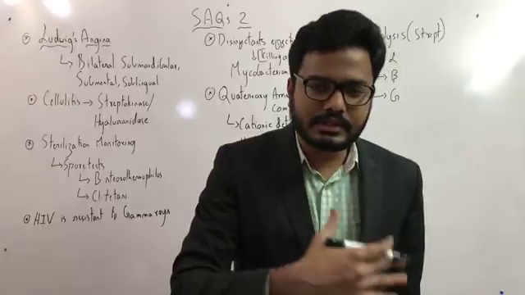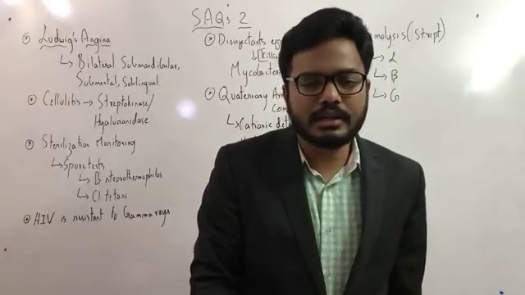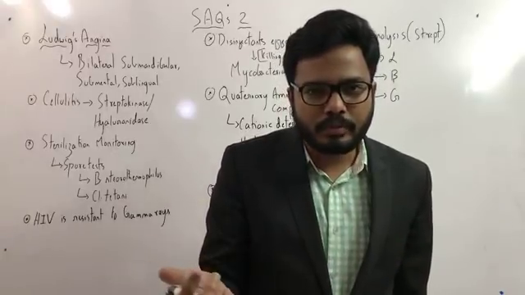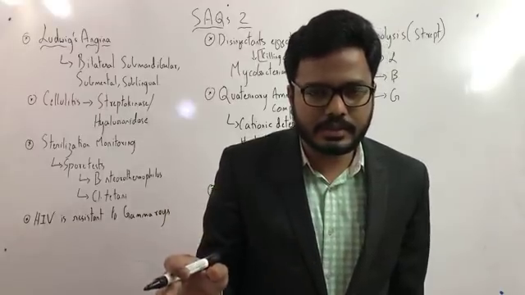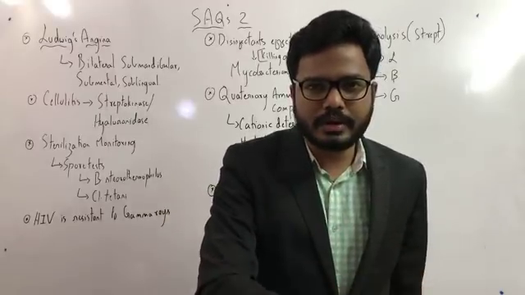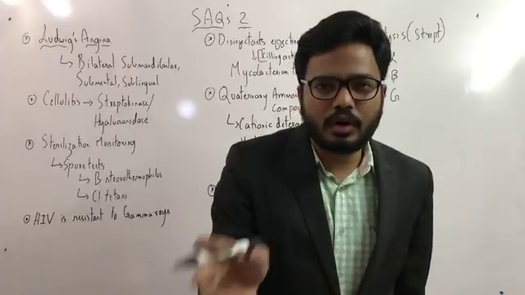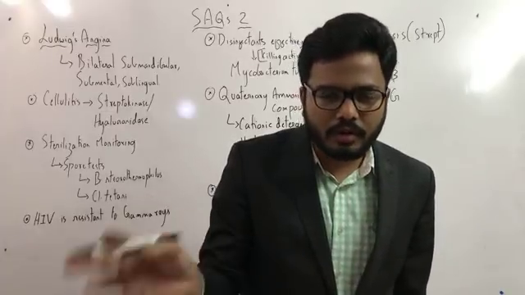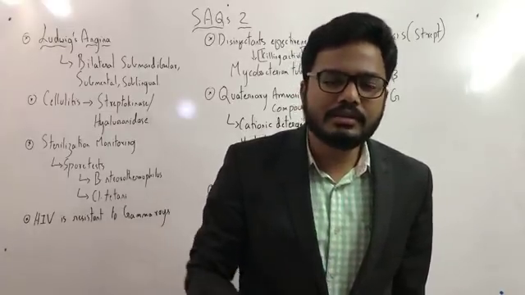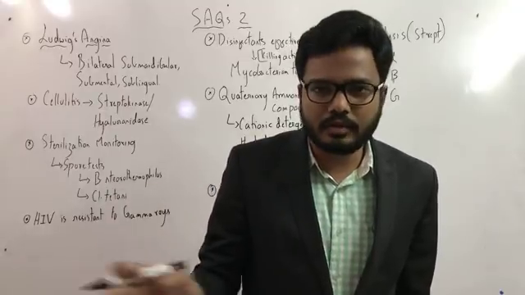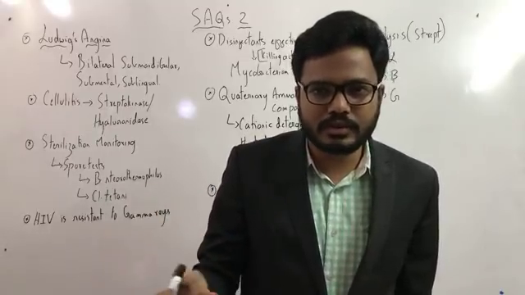As a result of this release of hydrogen peroxide, there is oxidation of hemoglobin. Hemolysis is nothing but destruction of RBC, right? So the H2O2 released by this bacteria causes oxidation of your hemoglobin. As a result, there is destruction of your RBC and there is formation of this green pigment.